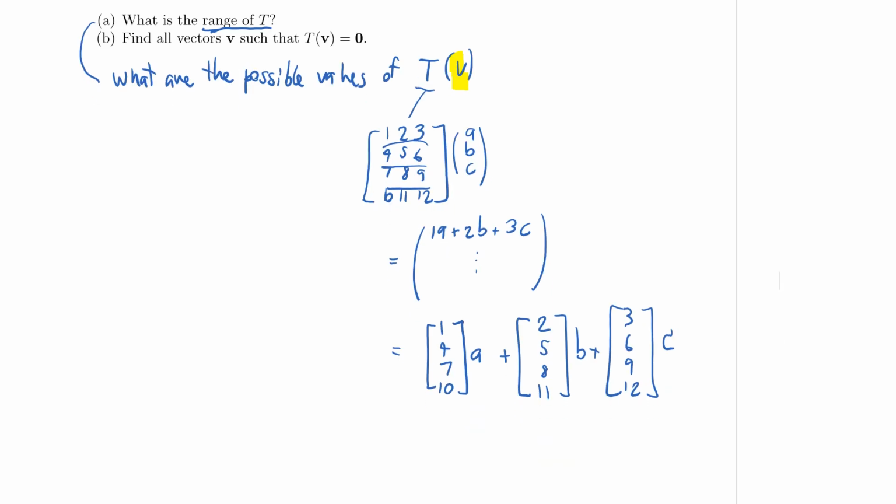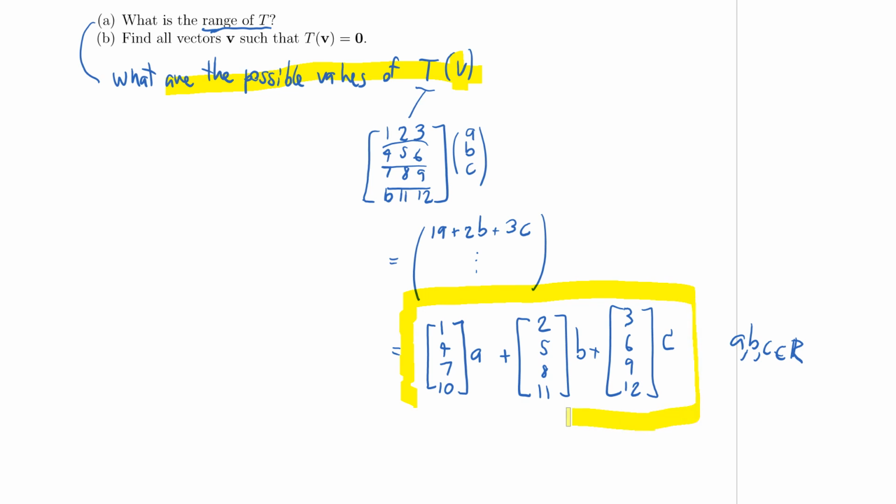Now my A, B, and C can be any real number, so I need to find out all the possible values of this guy times A plus this guy times B plus this guy times C, where A, B, C can be any real number.